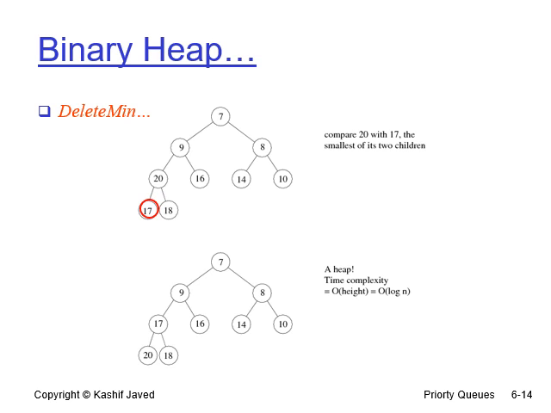So 20 will be compared against 17 and 18. 17 being the smaller one, this 17 will be compared against 20. So 20 goes down, 17 comes up. So look at the next diagram.